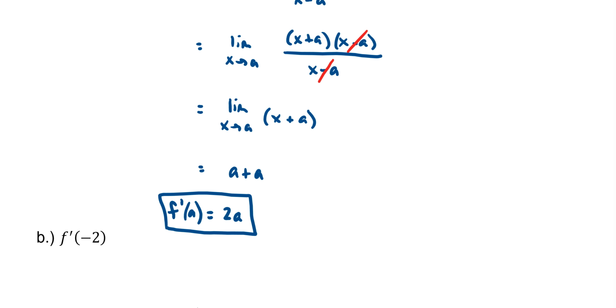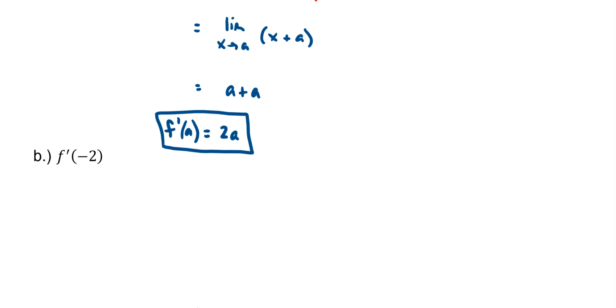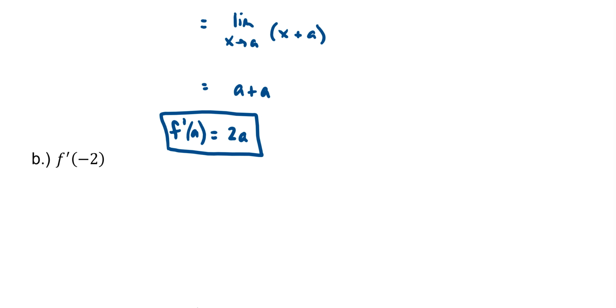So once again, probably looks weird when we have just a letter here. What does this represent? F prime of a equals 2a means the derivative evaluated at any x value a is 2 times a. This is kind of like a generalized derivative, which means we can use this to find the derivative of this function at any x value that we want.